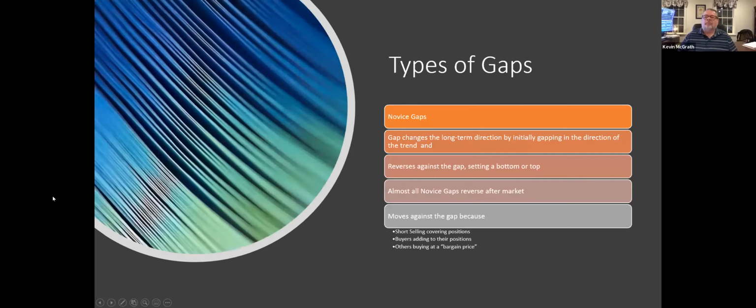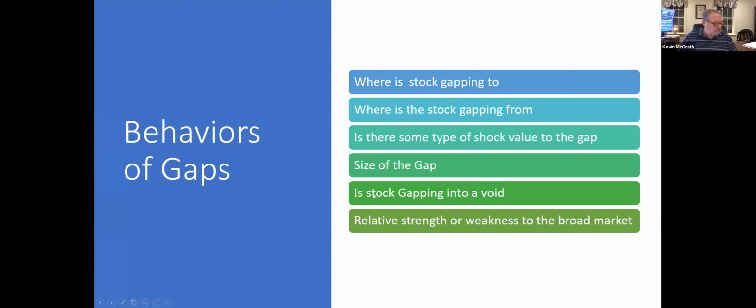Nice. Okay, so that's the difference between the professional gaps and the novice gaps. So here are the 6 behaviors of gaps, and we'll go through all of these one by one, because we'll be looking at every gap according to these behaviors.